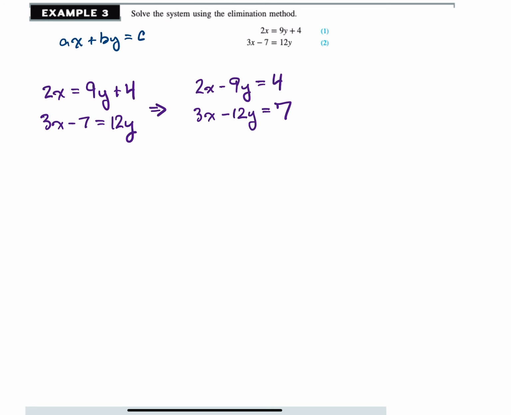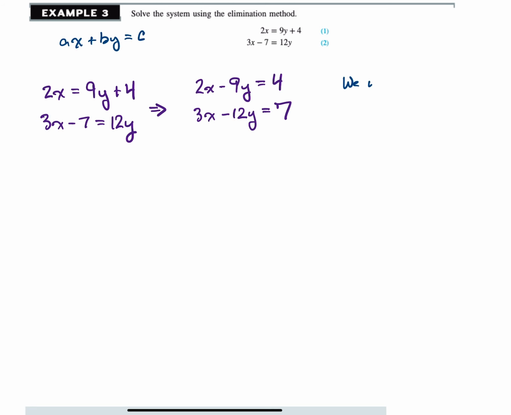So I'm going to focus on the x terms, these two. I want those coefficients to be the same number. So I'll even write that out here.